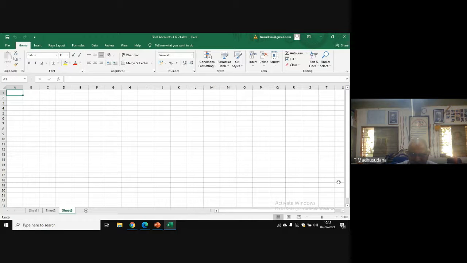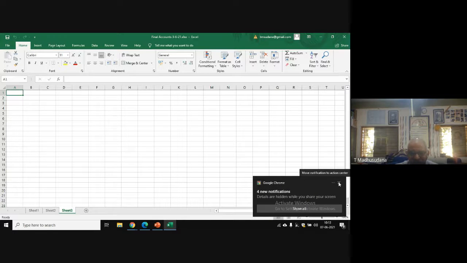Okay. Next, opening stock. Opening stock 1/4/2019. That means starting stock. This will appear in the TDR. The first item appears in the trading account. TDR. Next, discount. As far as the discount is concerned, here also the same logic is applicable.